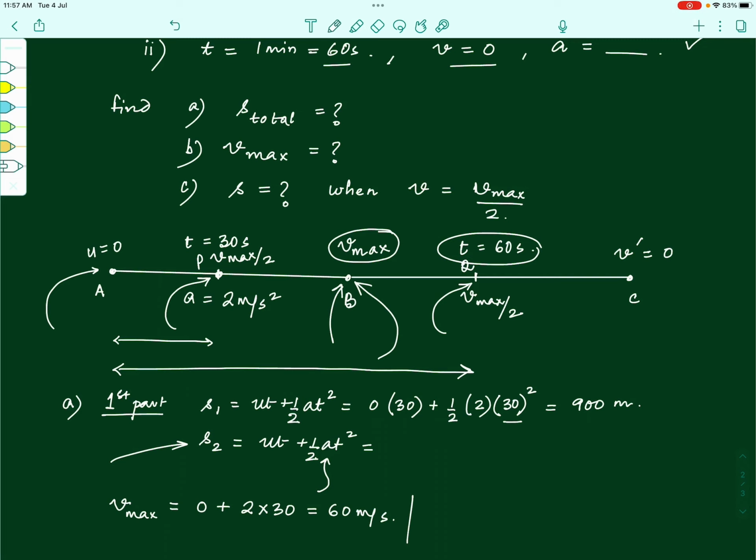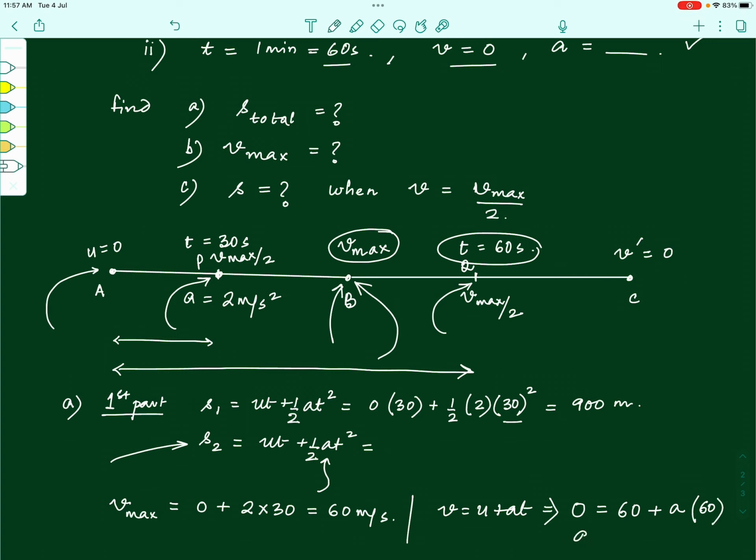So for that, we'll once again use the first equation of motion along the direction B to C, right? So we will have V is equal to U plus AT. For the second part of the motion, V is 0, the final velocity of the train is 0, is equal to the initial velocity of the train, which is now 60, plus A into T. The time for the second part of the motion is 60 seconds, right?